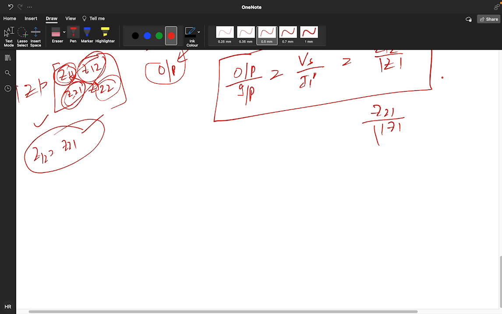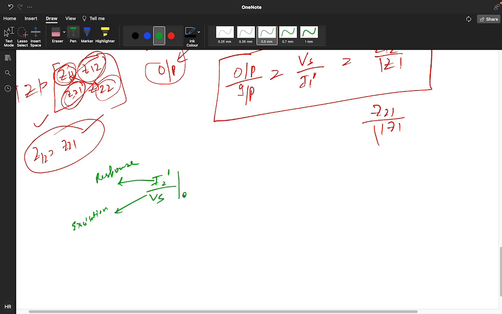See what I am telling. Make a note like this. In your first network, you are getting I2 dash divided by V of S. This was your response, and this was your excitation.